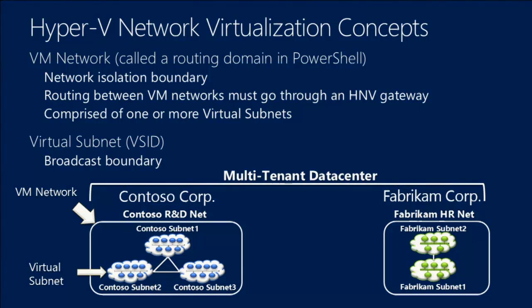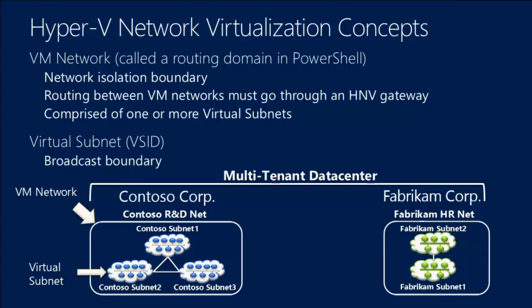A virtual network will include multiple virtual subnets, and we call it a VSID. The best way to understand a VSID is to think of it as a VLAN, because essentially a VSID is a broadcast domain, a layer 2 MAC address broadcast boundary. So that's the VM network, which is equivalent to the virtual network.